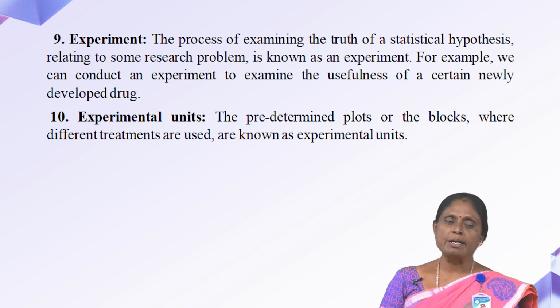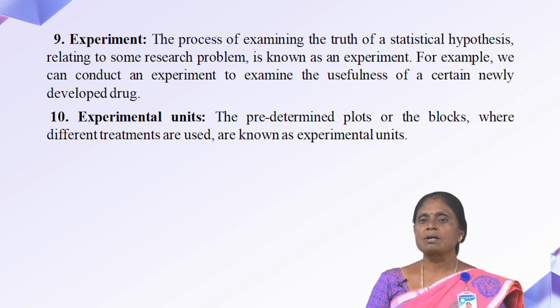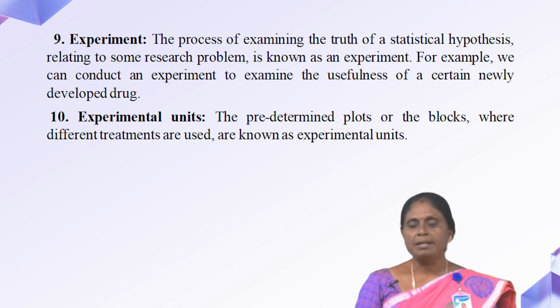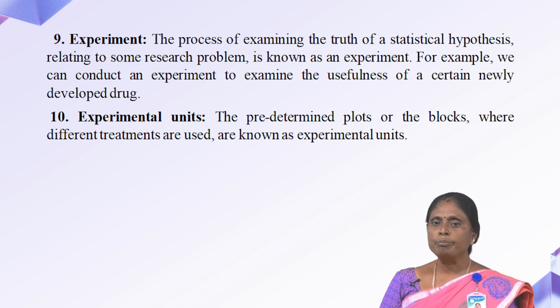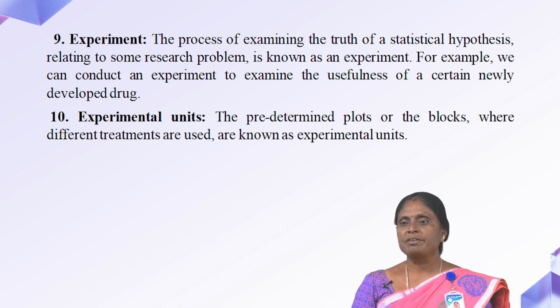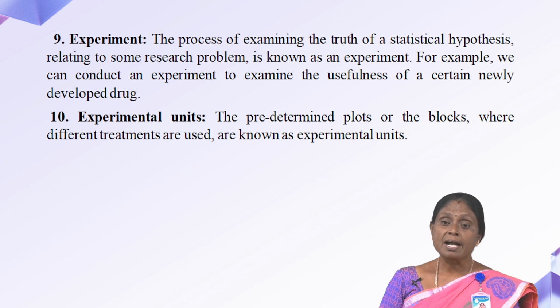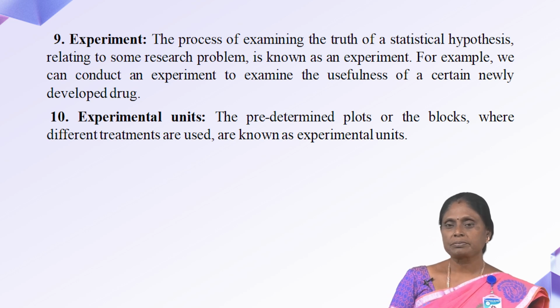If you want to determine the impact of fertilizer on the yield of a crop, it is a case of absolute experiment. But if we want to determine the impact of one fertilizer as compared to the impact of some other fertilizer, then it will be termed a comparative experiment.